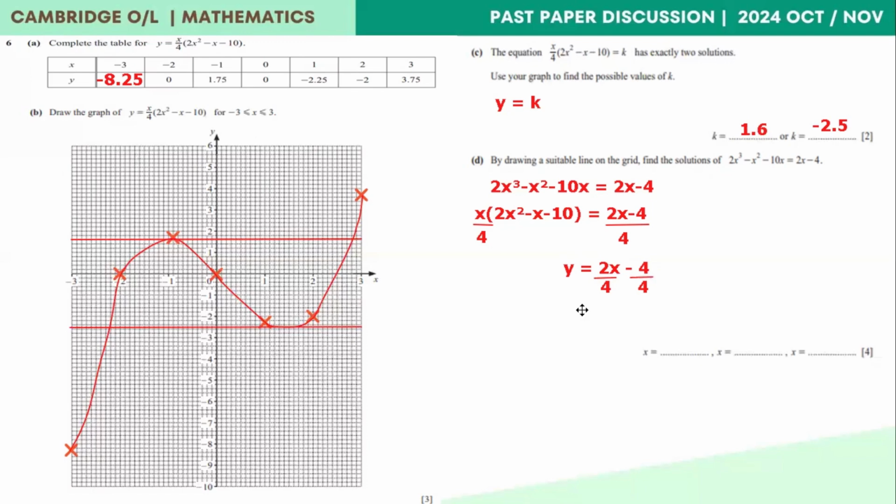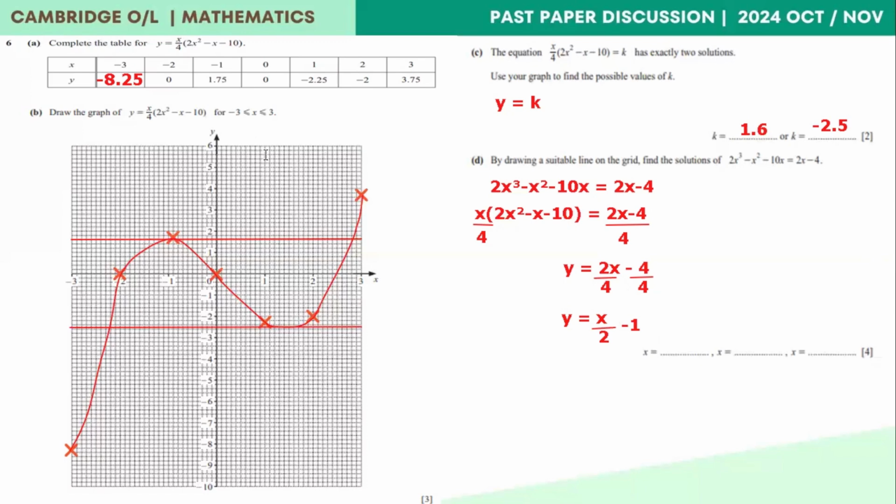Then that would be y equal x over 2, and minus 4 divided by 4 is going to be minus 1.